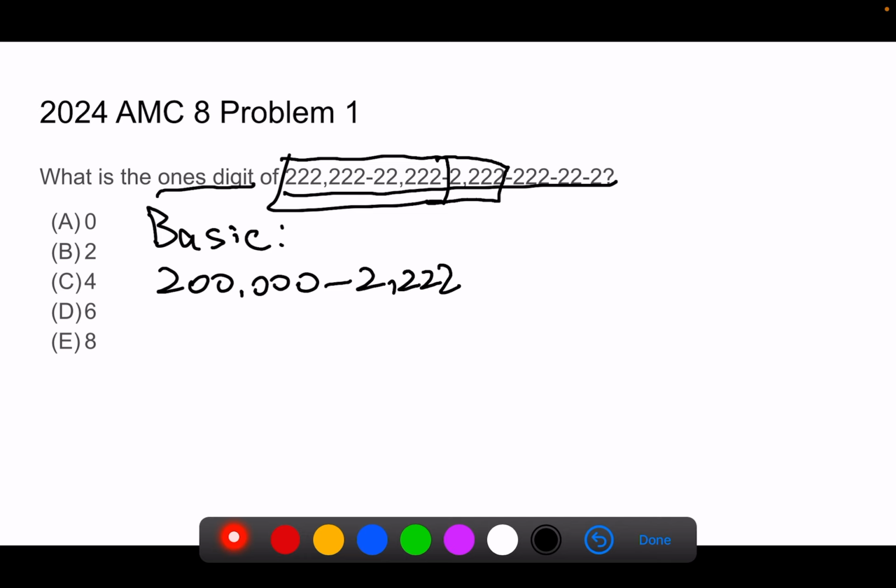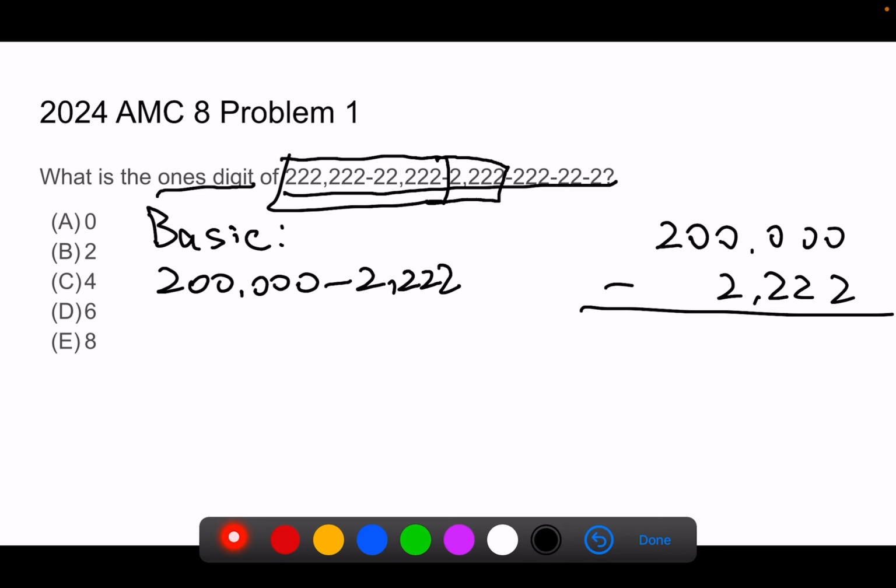Now 200,000 minus 2,222. If you need to get the more accurate result, you can try to write it out. It's a little bit involving because you do need to borrow a digit from the tens digit.